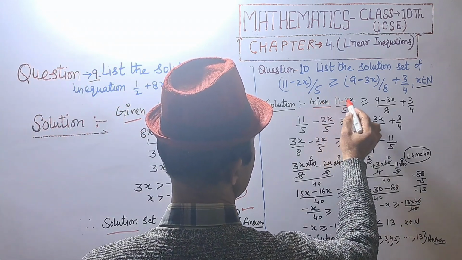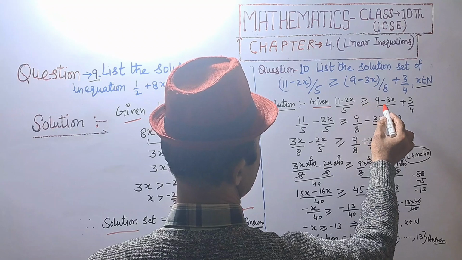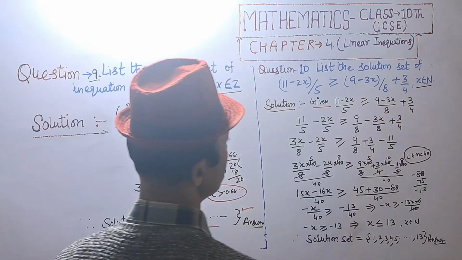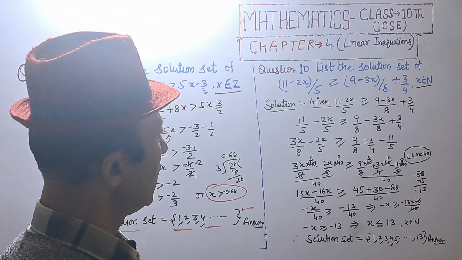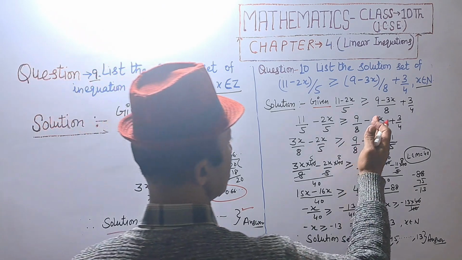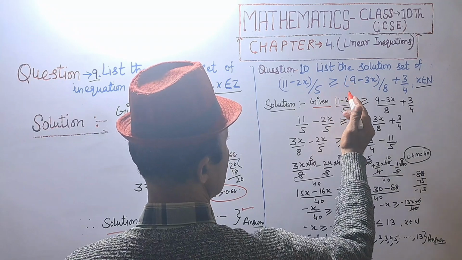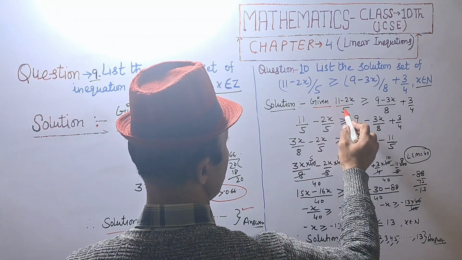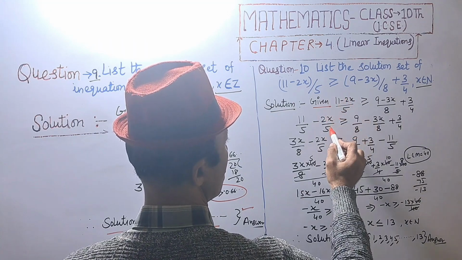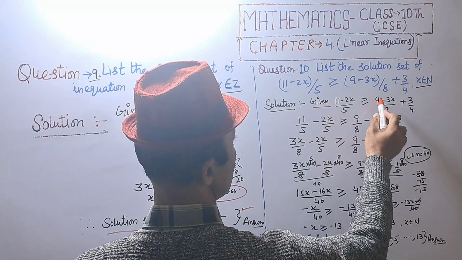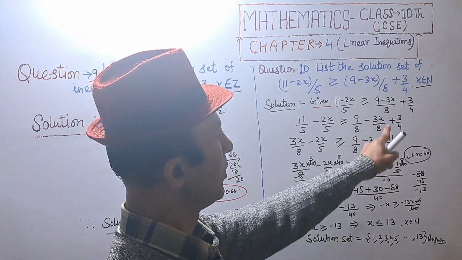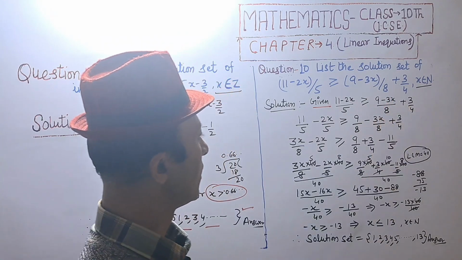We are given 11 minus 2x upon 5 greater than or equal to 9 minus 3x upon 8 plus 3 upon 4. We can write 11 as 11 upon 5 minus 2x upon 5 greater than or equal to 9 upon 8 minus 3x upon 8 plus 3 upon 4.